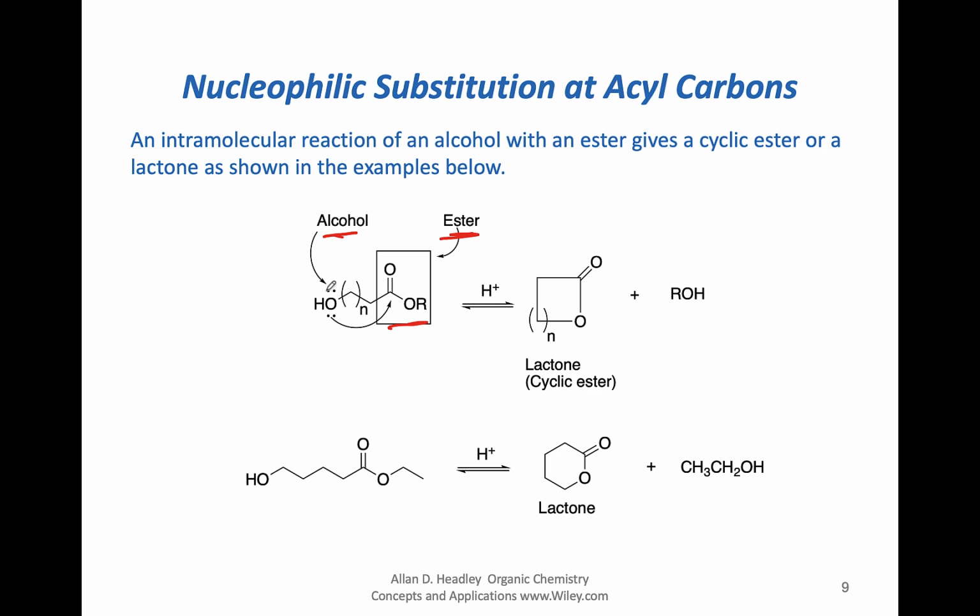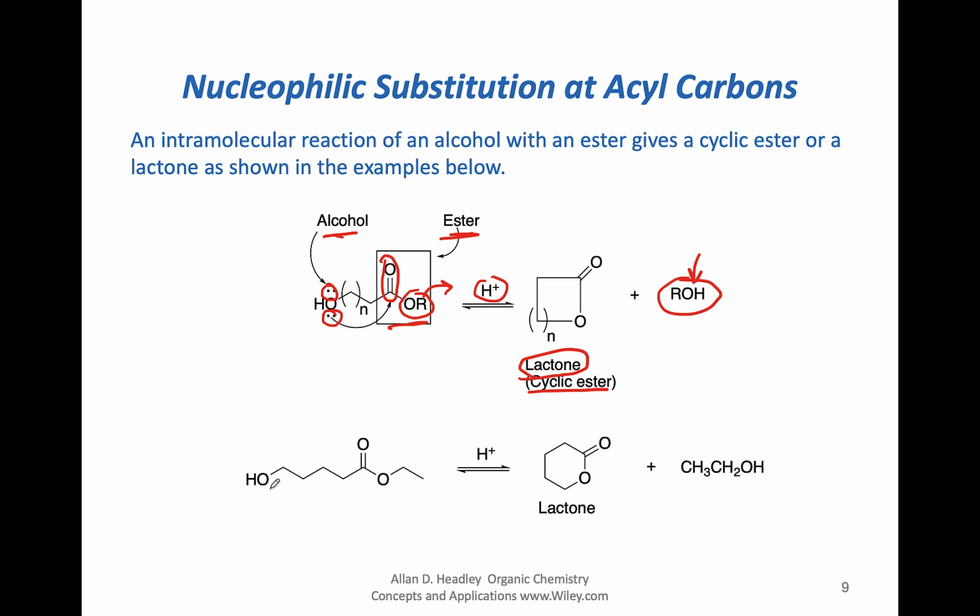As you can imagine, here's a nucleophile, here's an acid, here's an acyl group, and this is a potential leaving group. So the reaction will occur to give a cyclic ester. Another term for that is a lactone. And of course we have our leaving group as the alcohol.